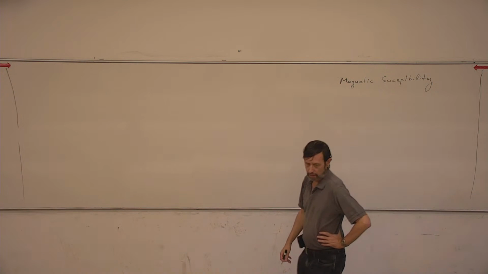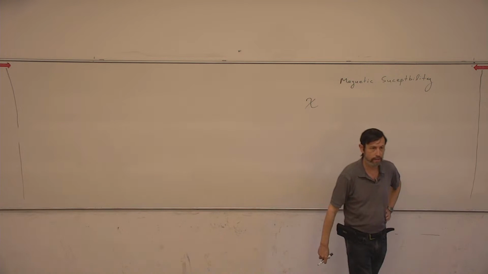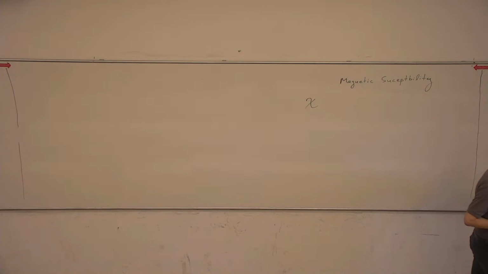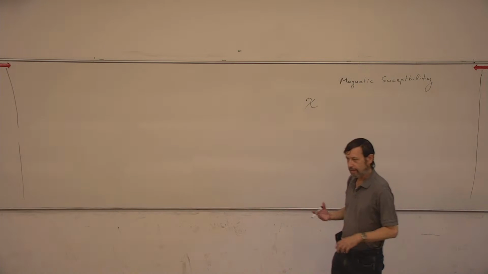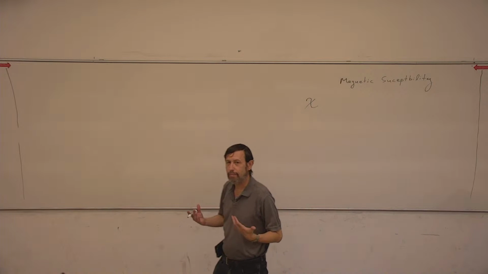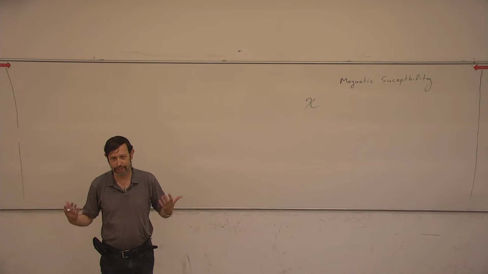Susceptibility is usually denoted by chi. And what does it mean? Someone knows here? What is the procedure that we are doing?